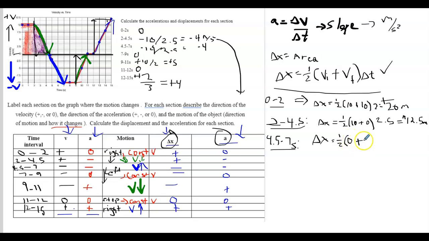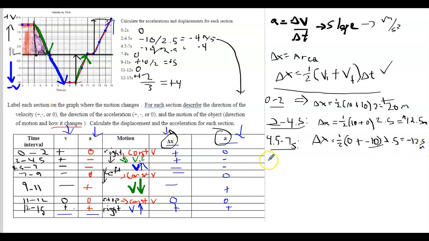The final velocity at the end is -10, and this is where that negative is very important because it's moving left at 10. And then it's 2.5 for the time period, because from 4.5 to 7 is 2.5. This gets you the same amount, but it's -12.5 this time. So you're moving left 12.5 meters. So just remember your negative signs.